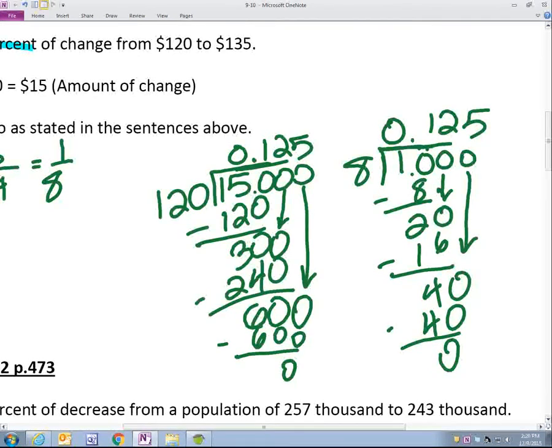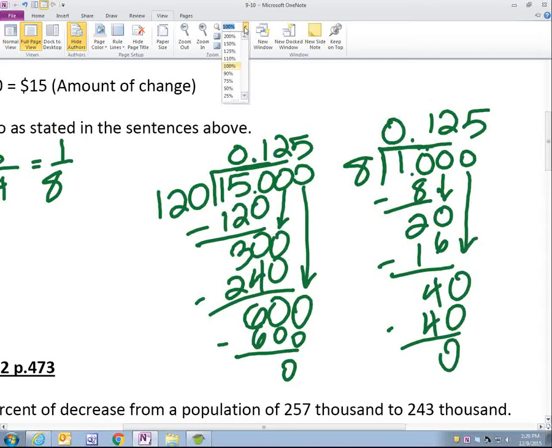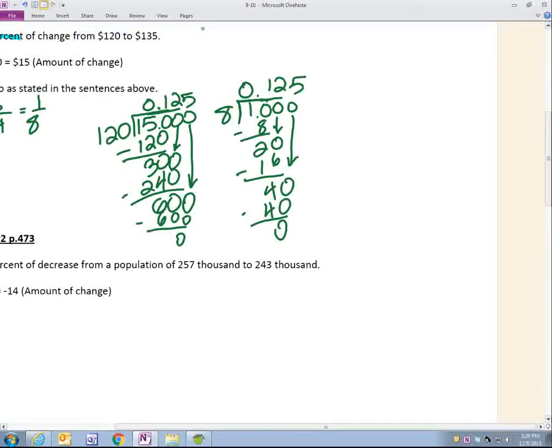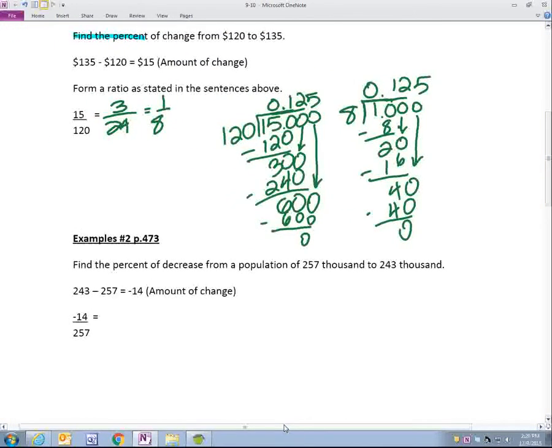Now look at what I had highlighted here. I'm going to zoom out so you can all see better. It says, find the percent. We have to move the decimal over 2 spots.